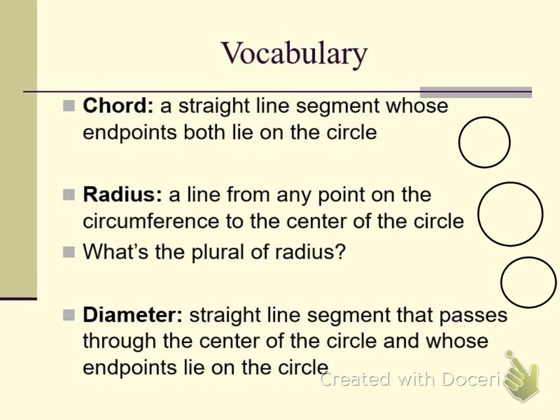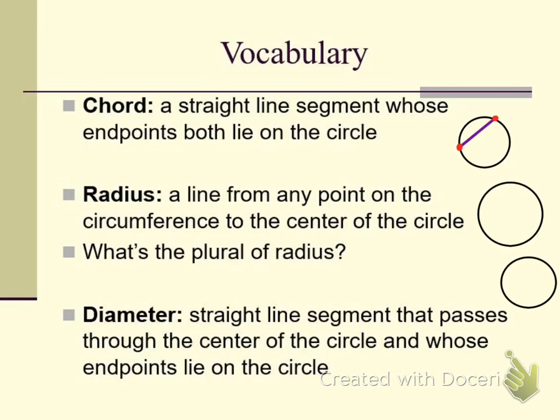All right, a chord is something that we have not talked about in this class. It means something different than it would mean if you're learning to play an instrument. For a circle, a chord is a straight line segment whose endpoints both lie on the circle. So for example, I take a segment that touches my circle at 2 endpoints that are on that circle.